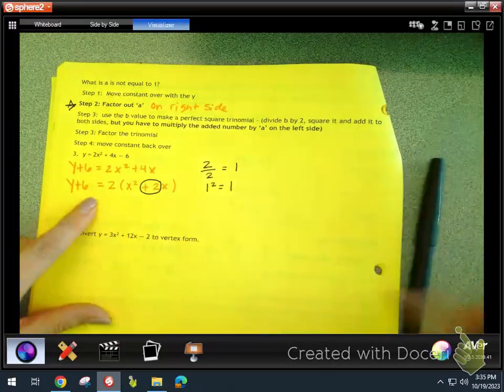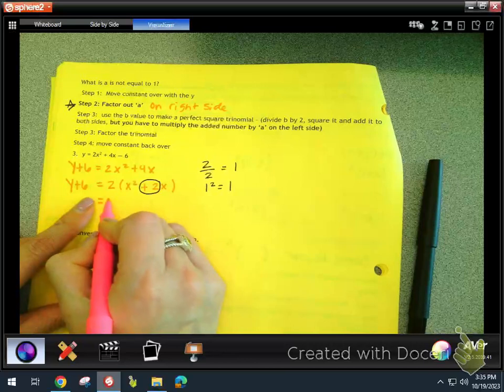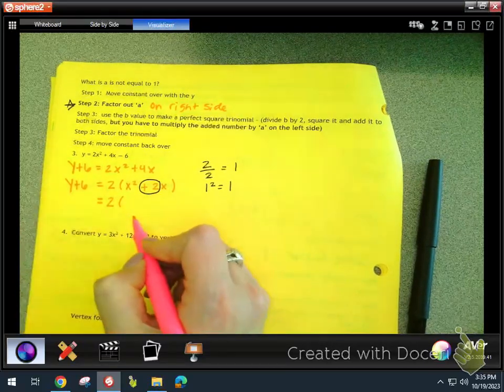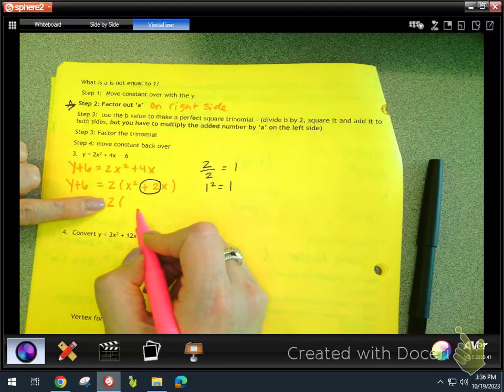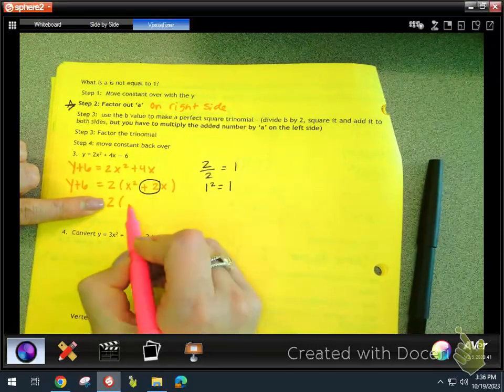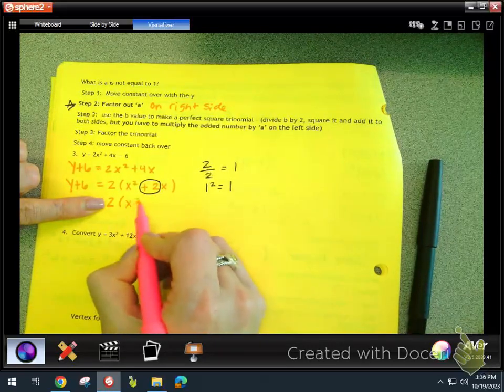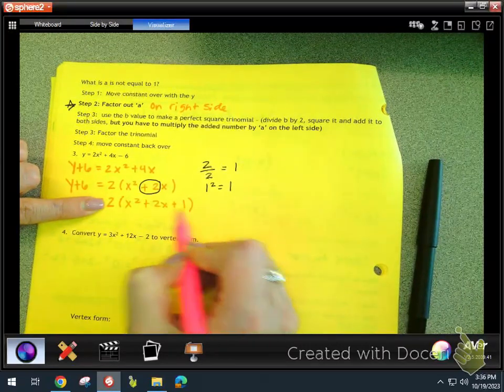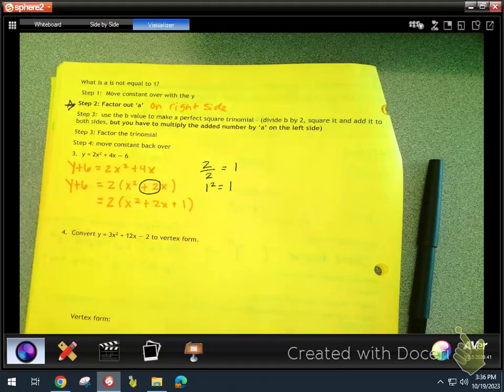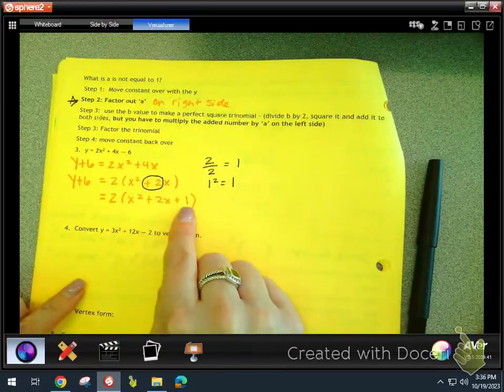Okay, I'm going to do the right-hand side first. I have a factor of 2 that I took out on my right-hand side, but it is still there. So this on the right is going to say 2 times x squared plus 2x plus 1. And the 1's in parentheses. But how did I really change the right-hand side? I didn't just add a 1 on the right.